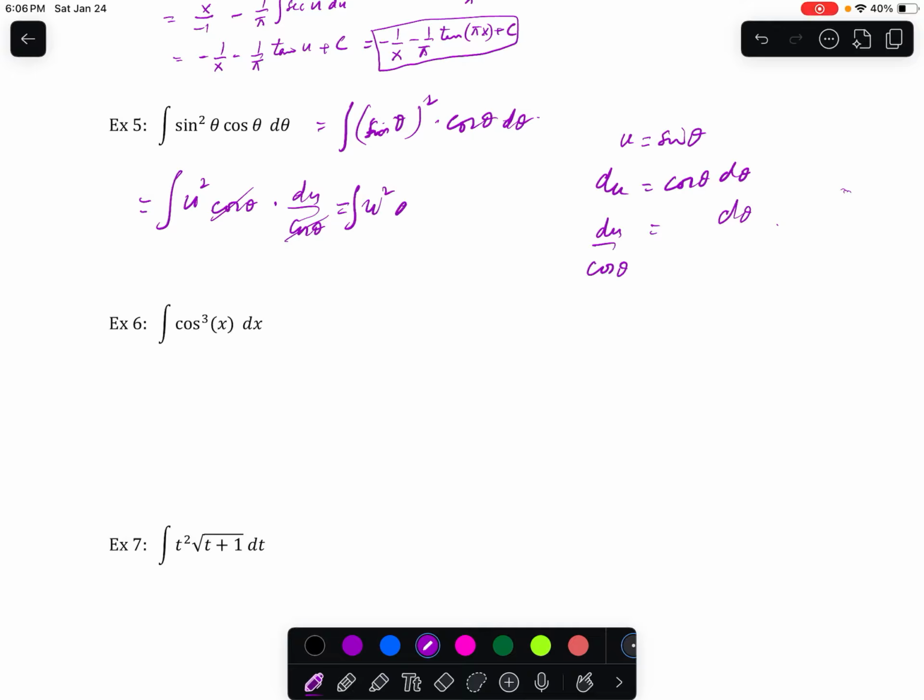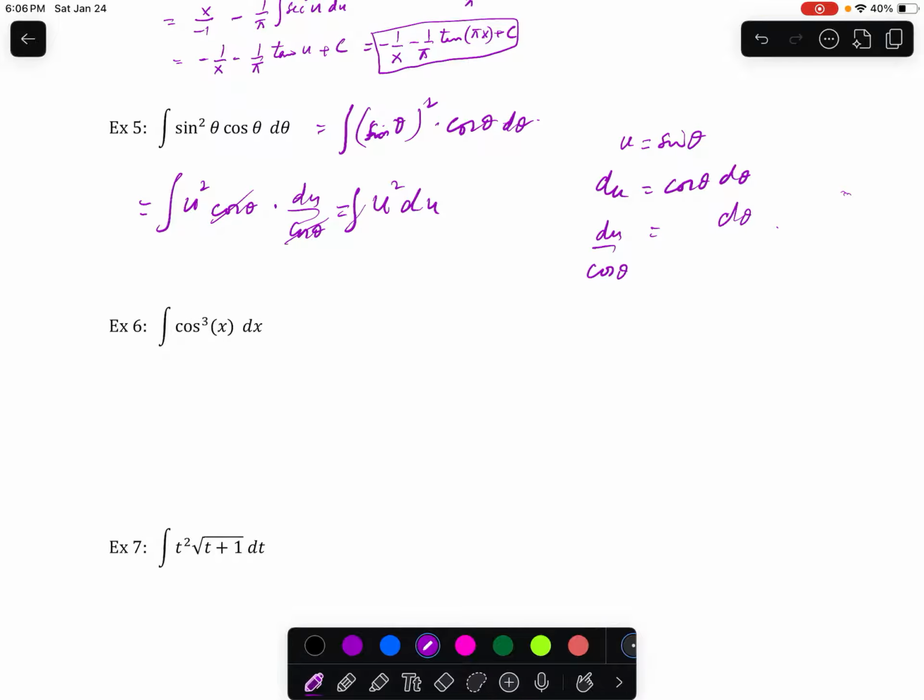So can you see how we have to get rid of our initial variable? We have u square du. Now, do we have to use u as our substitution? No, not really. For example, in this problem, the variable used is theta.